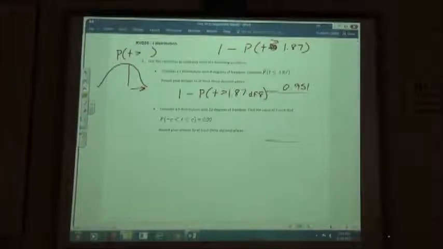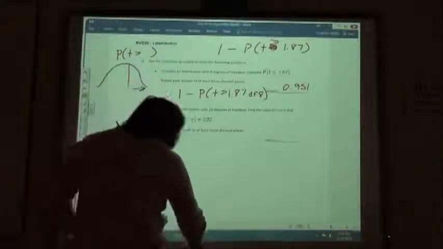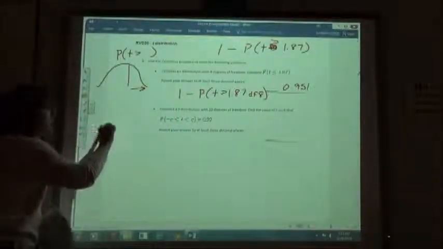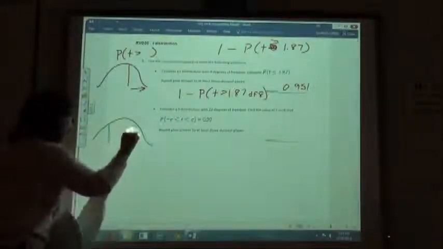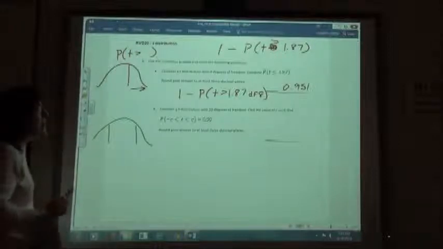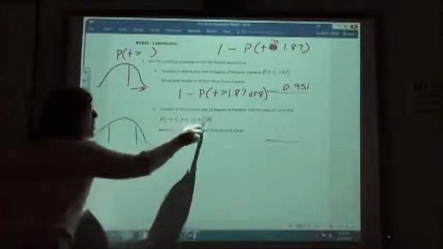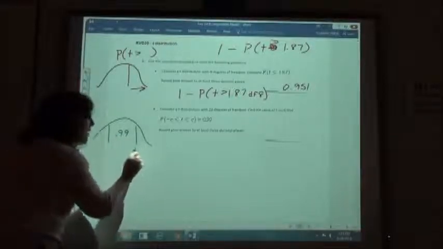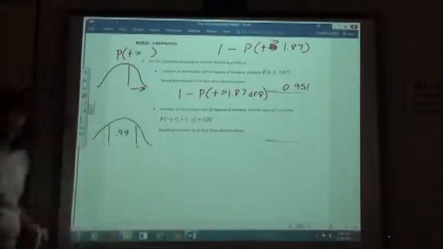All right. The next one, we are going to find the value in the middle of 2 numbers. So we have our curve, and we have 2 values here and here. We know that the part in the middle is 0.99, and we need to find out what these values here and here are.